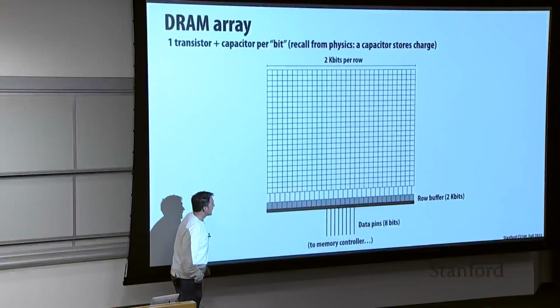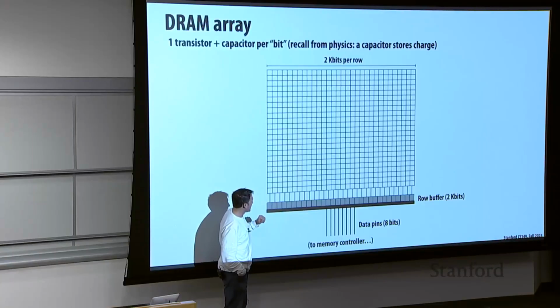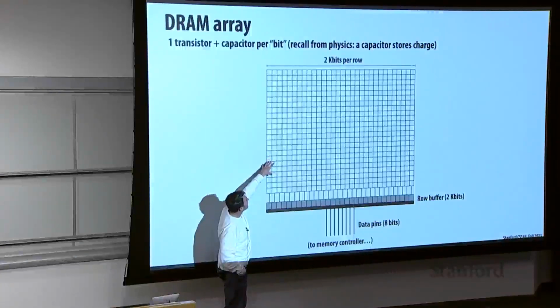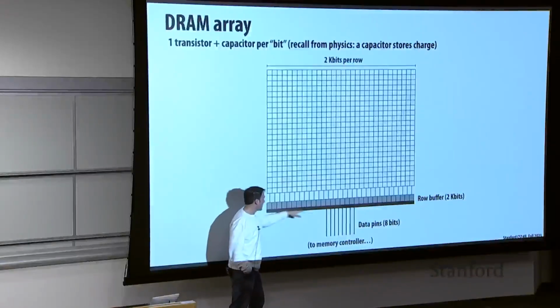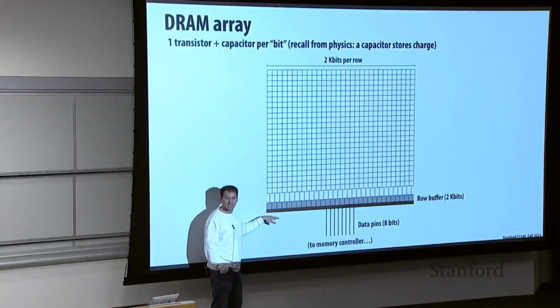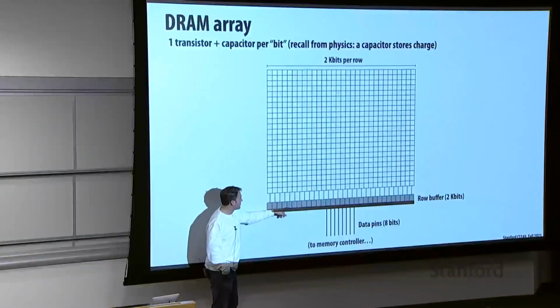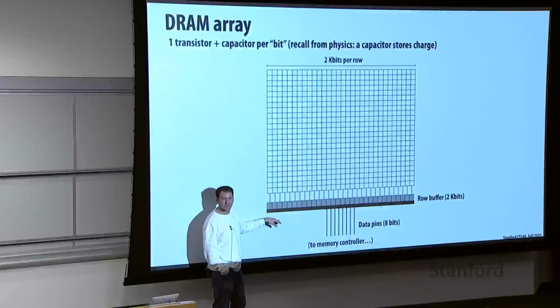Okay? And in order to access it, the DRAM chip doesn't actually send data from the DRAM array onto the wires. It actually has a buffer here, which is like a digital buffer, that stores the values, the bits, in one row of the DRAM chip.